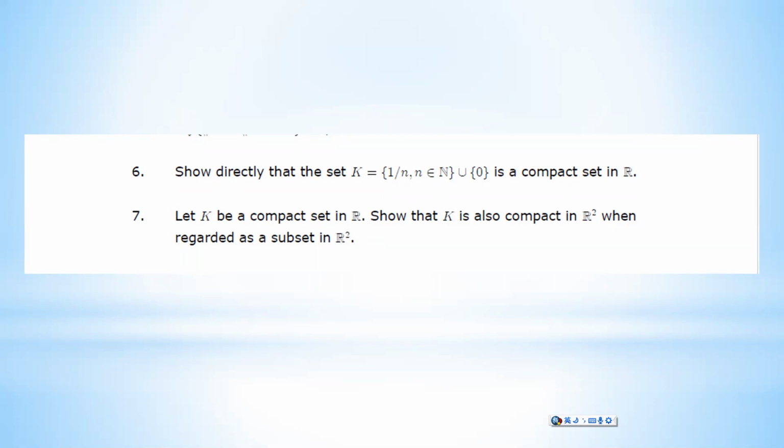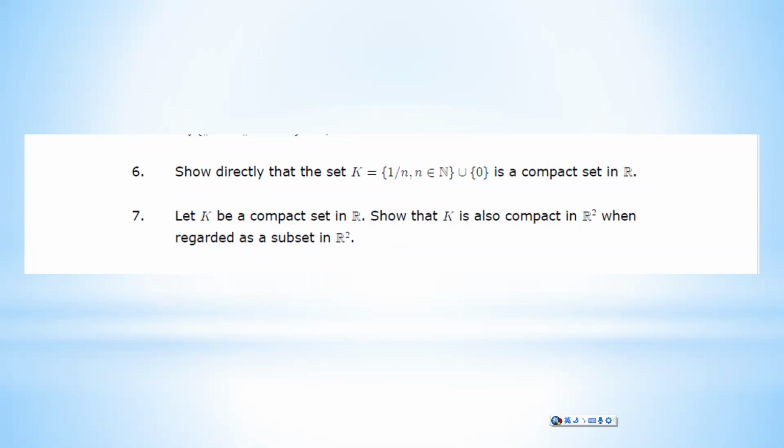There are two ways to prove this. One way is to use the definition of compact set, so you have to argue that every open covering can be reduced to a finite covering. The other way is to use the Heine-Borel theorem, to show that K is bounded and closed, and then it is also compact.